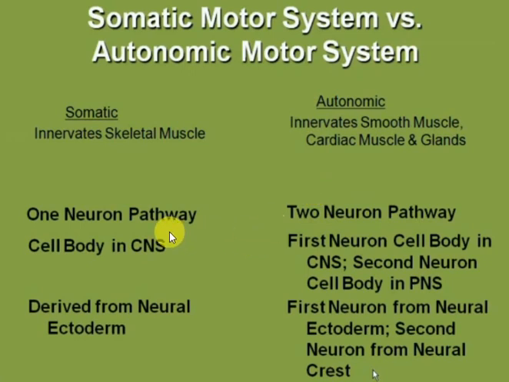And there is another difference between what pathway the nerves take in order to innervate these end organs. For example, in the somatic motor system, the somatic nerve innervates the skeletal muscle through a one neuron pathway.